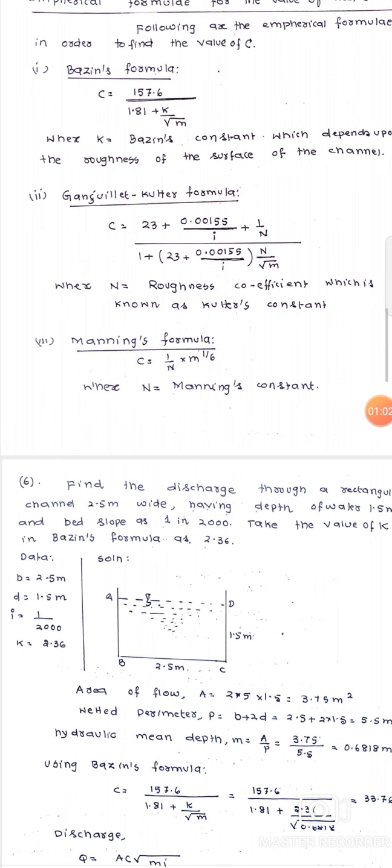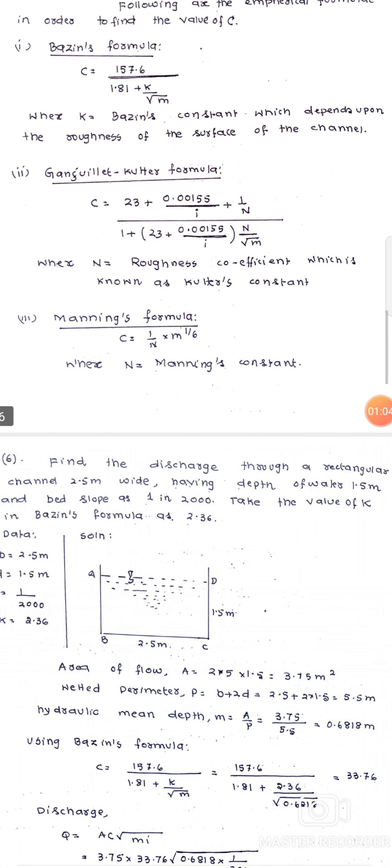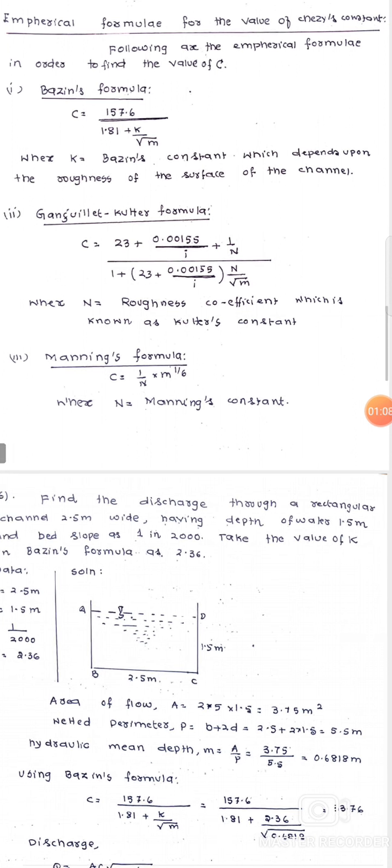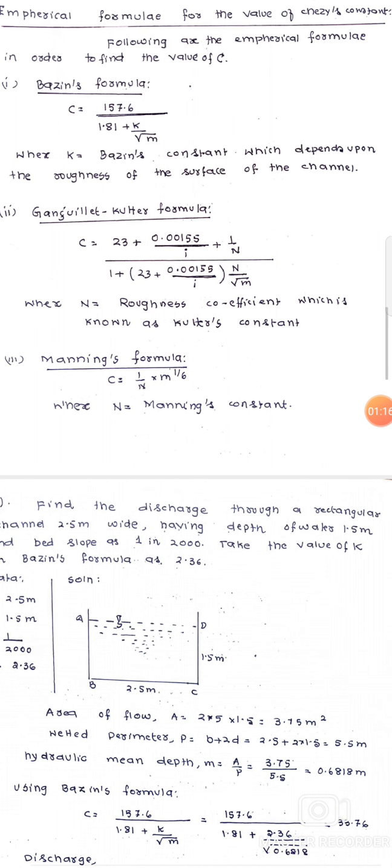And the second one is Ganguillet-Kutter's formula. There are two scientists who developed this mathematical equation: C is equal to 23 plus 0.00155 by i plus 1 by n, divided by 1 plus 23 plus 0.00155 by i, into n by square root of m.